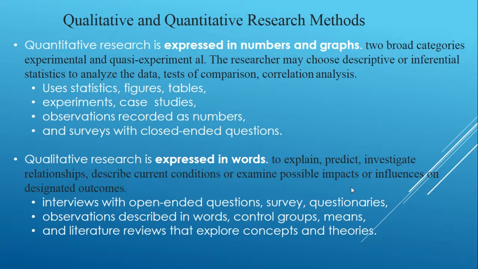You can have an experiment, or you can have part of an experiment plus your qualitative, and I'll go into that now. The researcher may choose descriptive or inferential statistics to analyze the data, test of comparison, correlation analysis.